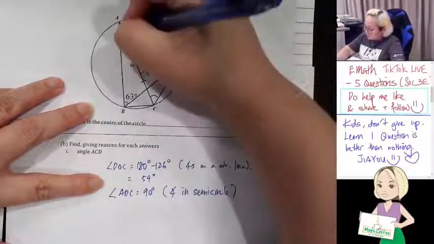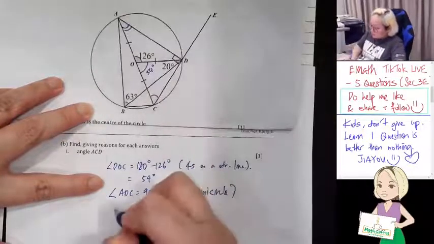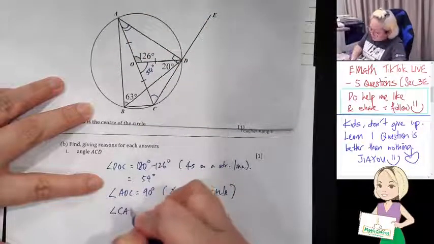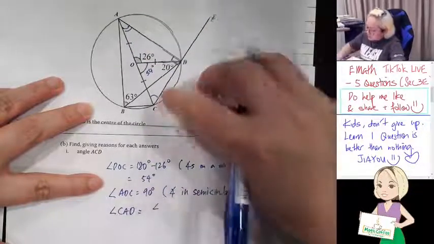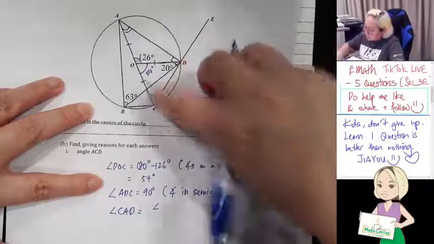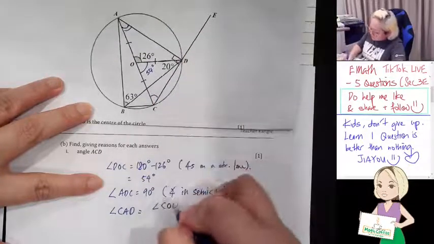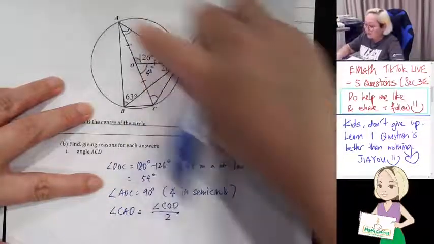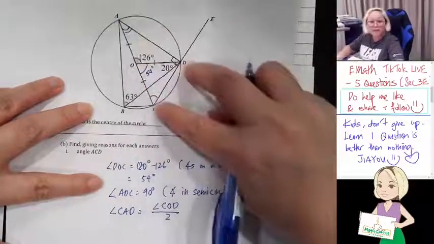Now I need to find this angle over here. So you will say angle CAD equals angle COD divided by 2, because the angle at the center is double the angle at the circumference. You can see that they have the same base CD.